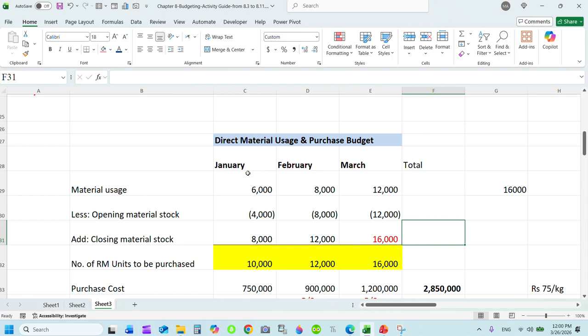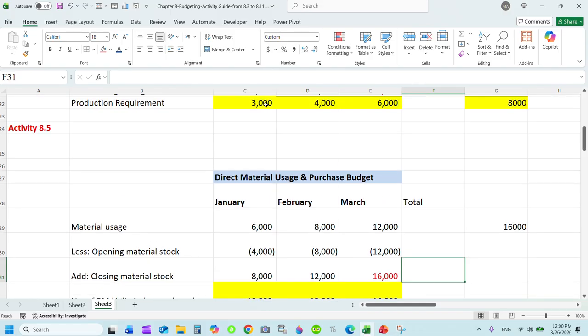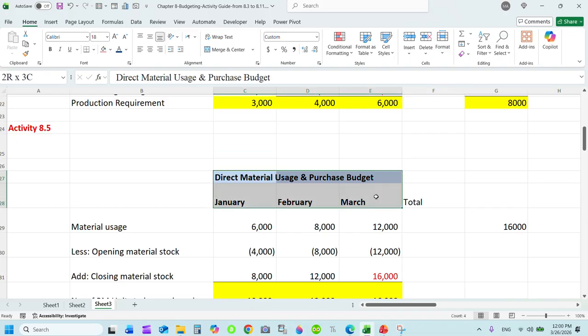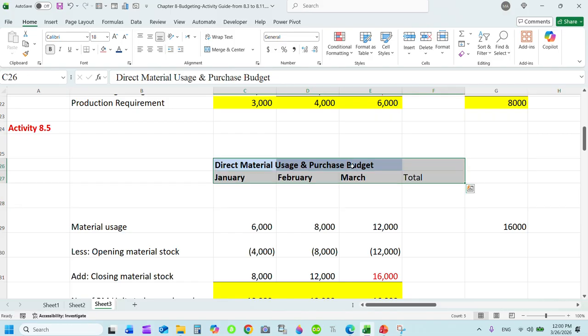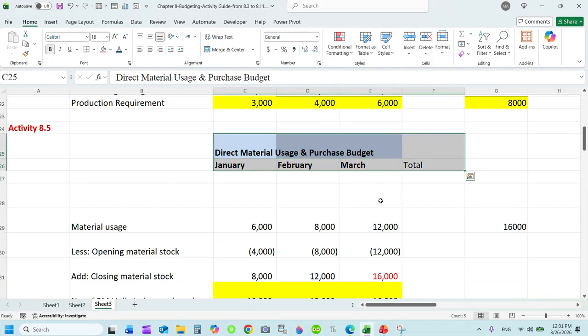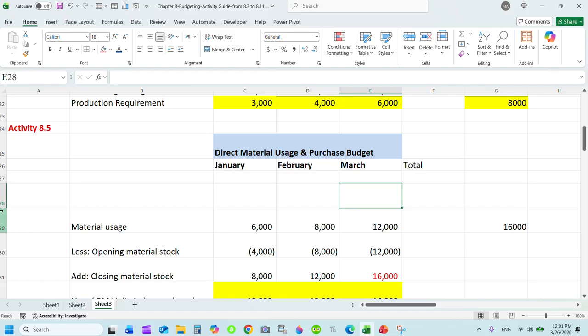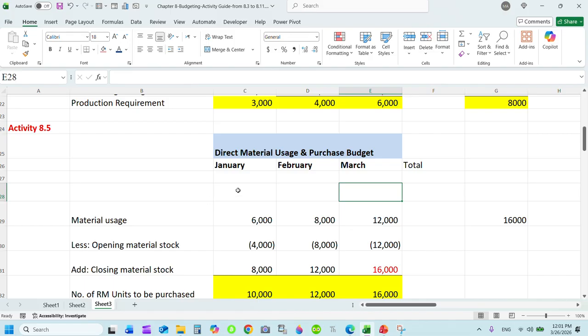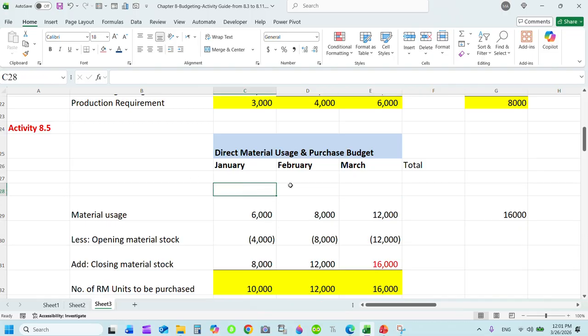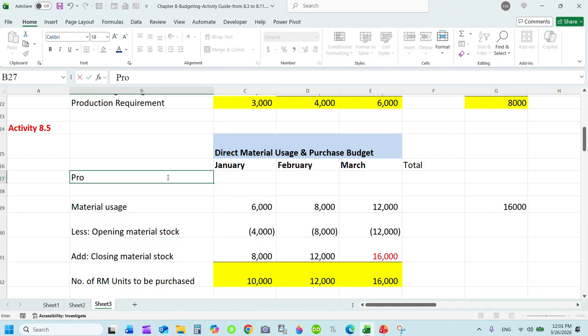So we have shown here usage. Actual usage we got by multiplying this by considering this production. If you want, you can incorporate production requirement.